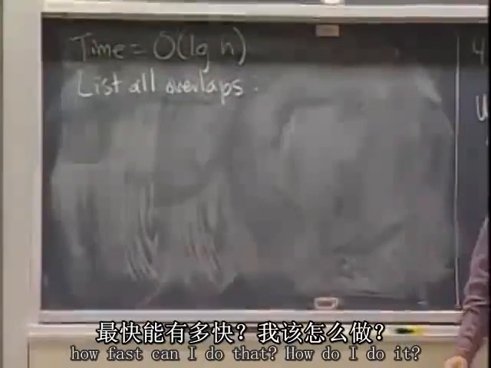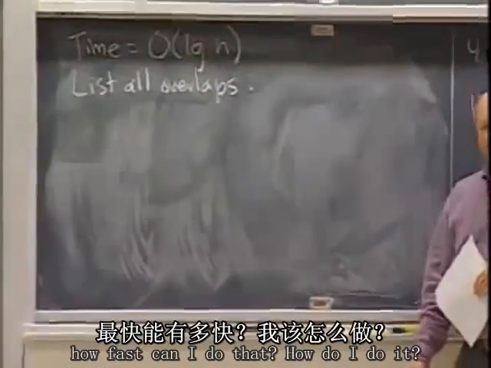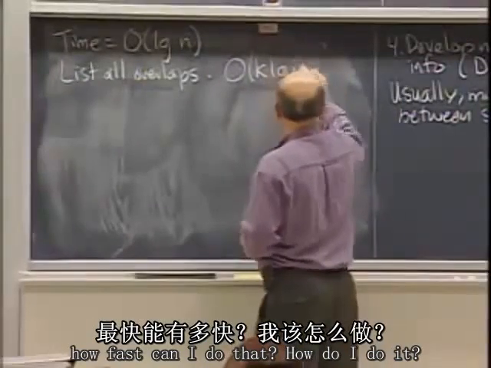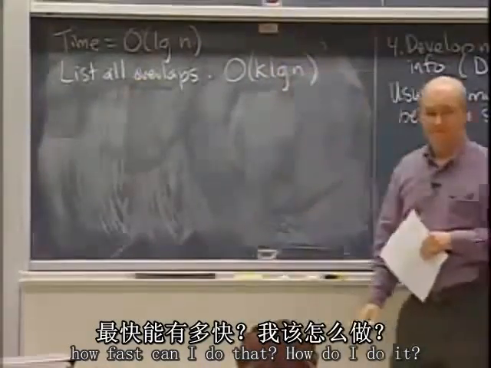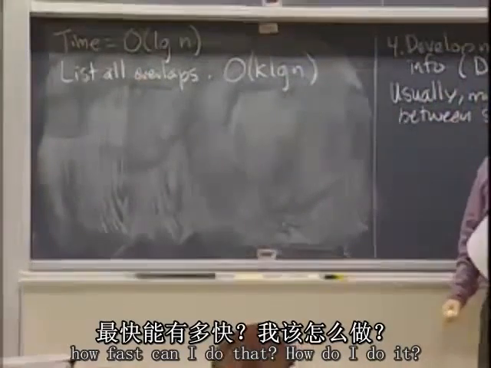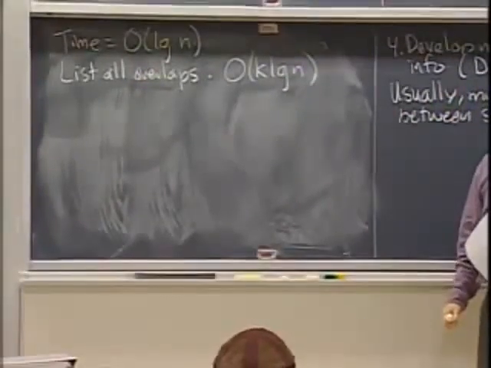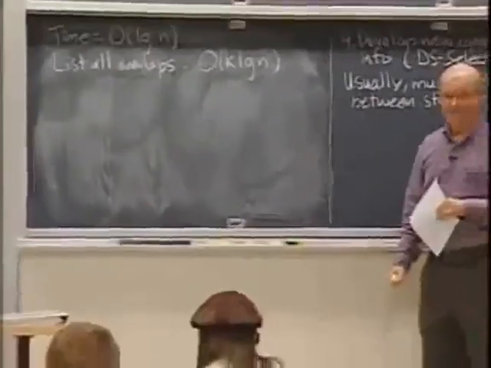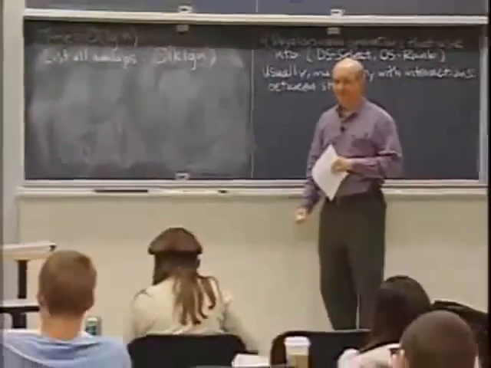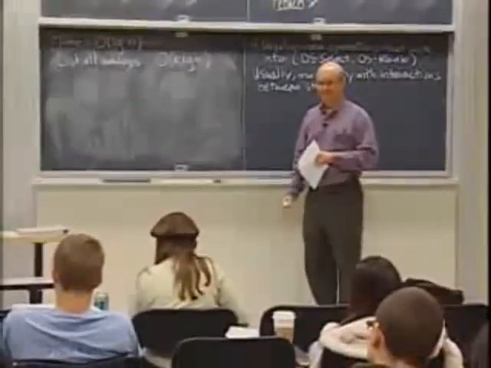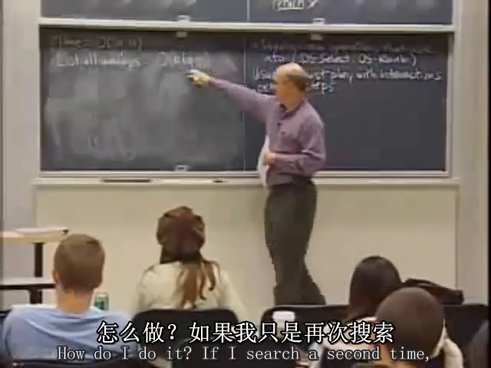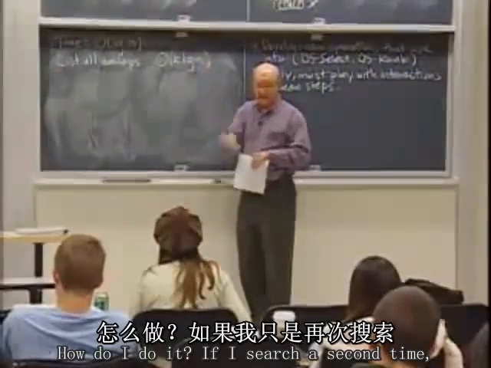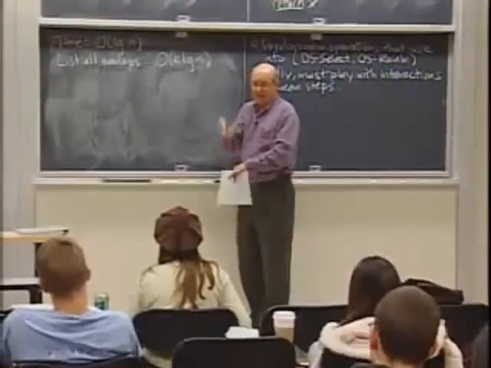How fast can I do that? How do I do it? After all, if I search a second time, I might get the same value.